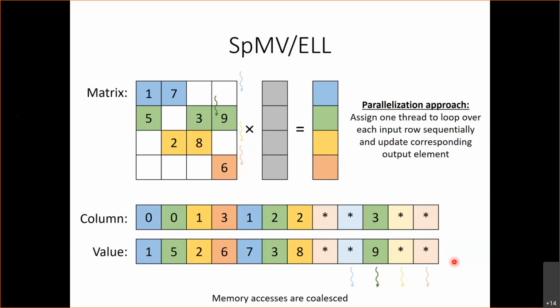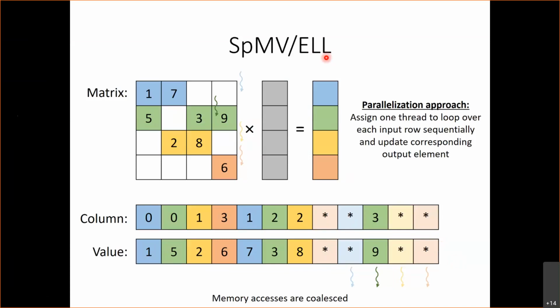What ELL doesn't allow us to do is, given a column index, find the non-zeros in that column. We cannot do that with ELL. However, just like there's CSR and there is CSC. Remember how we had CSR, compressed sparse row, and we had compressed sparse column, which was like CSR but made it easy to access the columns.